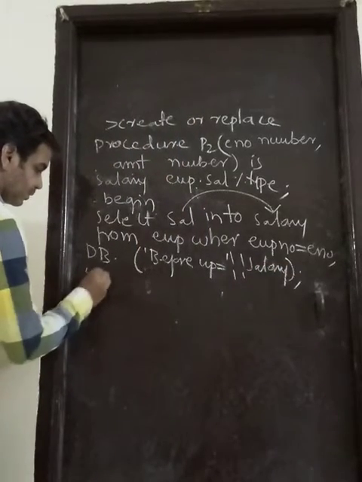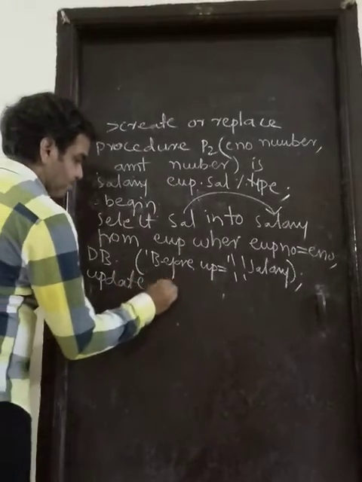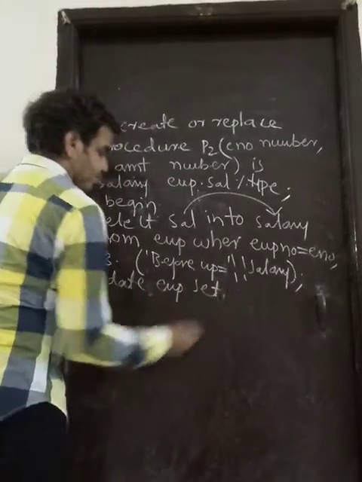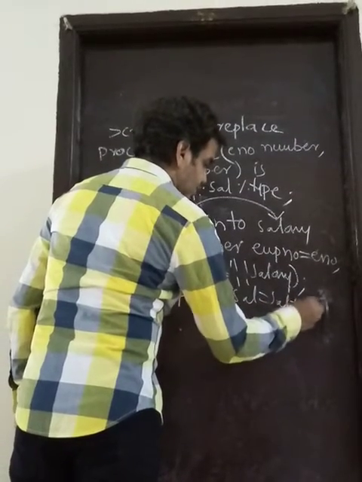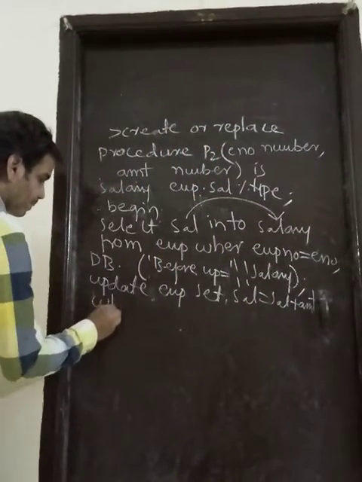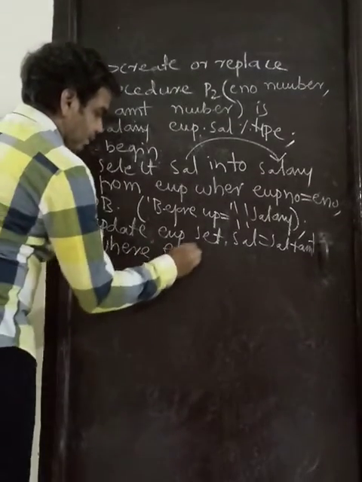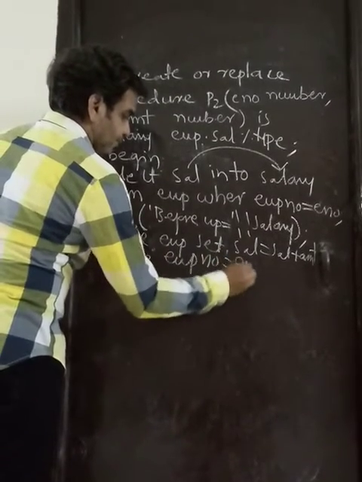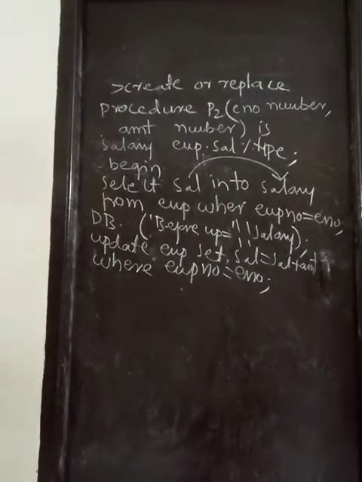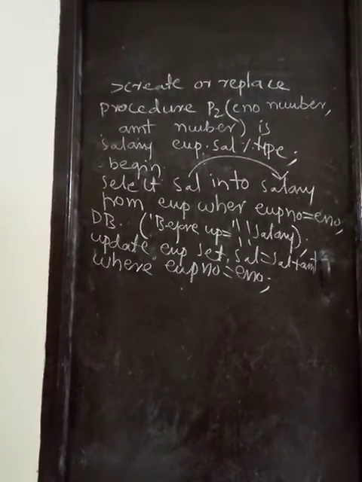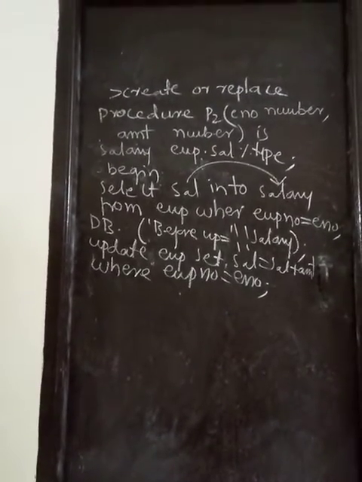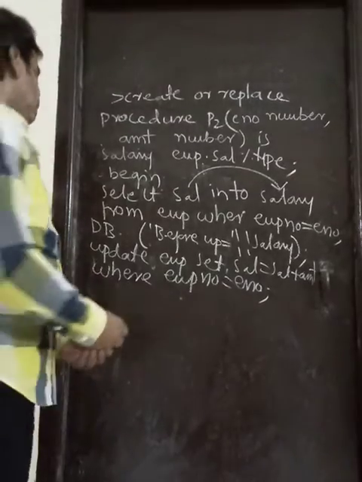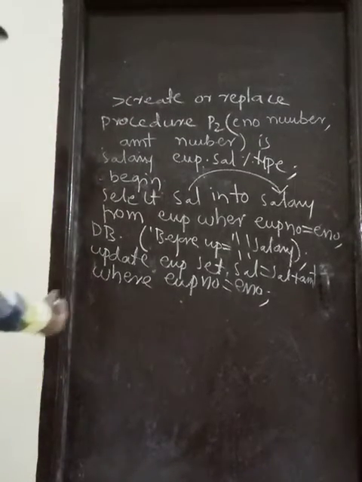So update employee set salary is equal to salary plus amount, whatever we are passing, where employee number is equal to E number. Okay, so before updation we displayed and we updated.